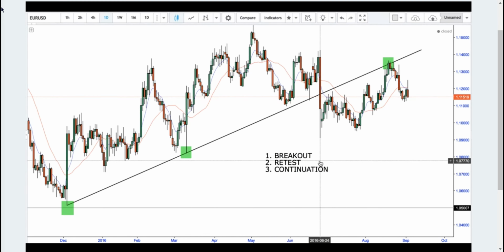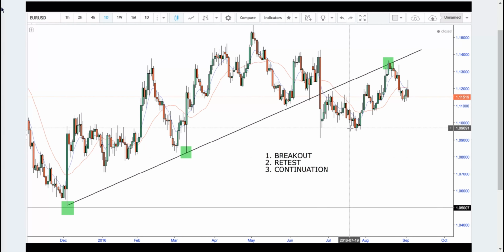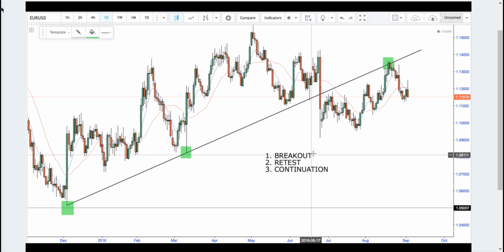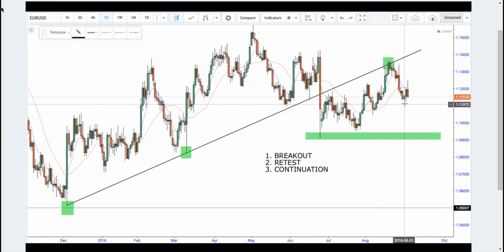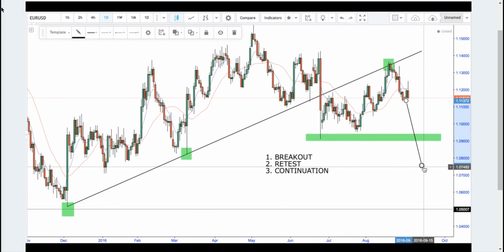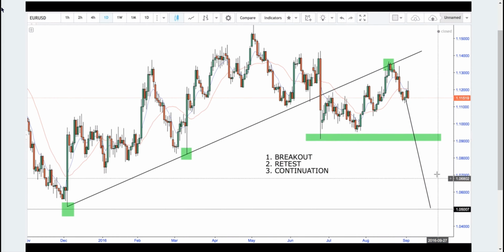This will happen on 90% of the breakouts that will occur. Okay, so the market will pull straight through it, retest it, and then continue. The continuation only occurs when the initial low of the breakout, the initial lows, have been taken out. That is what you call the continuation. And this is what a conservative trader would wait for.